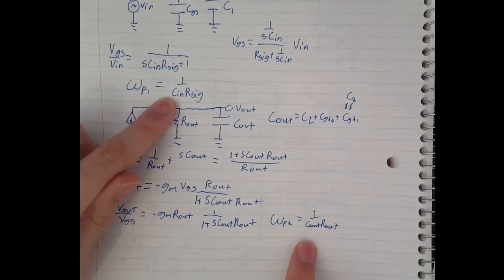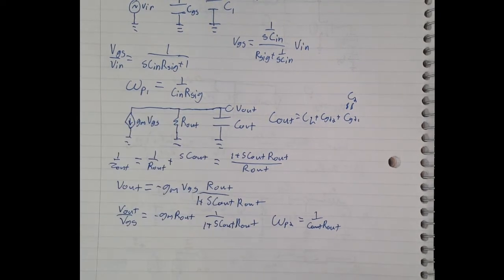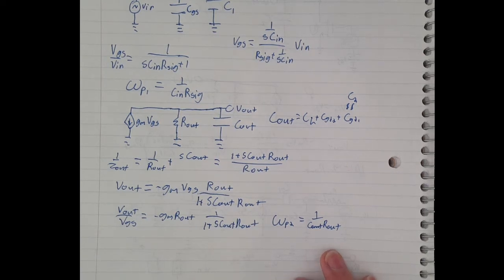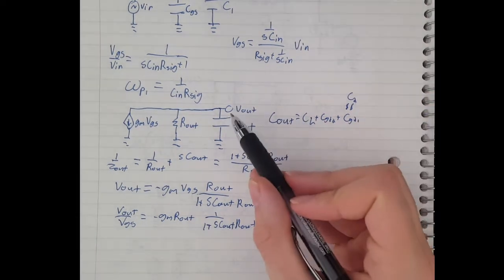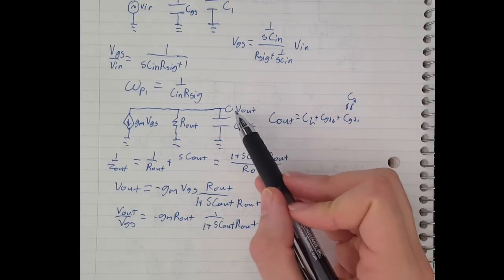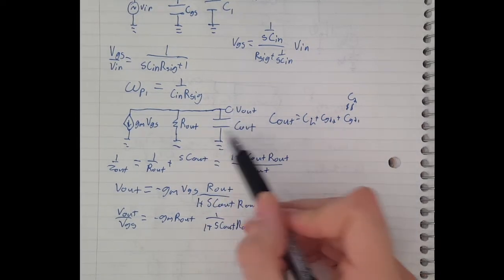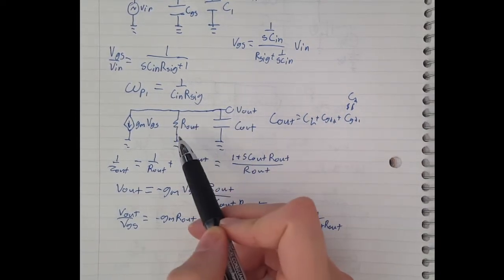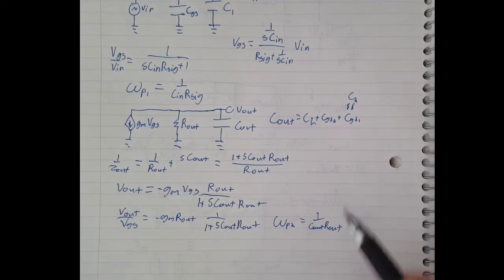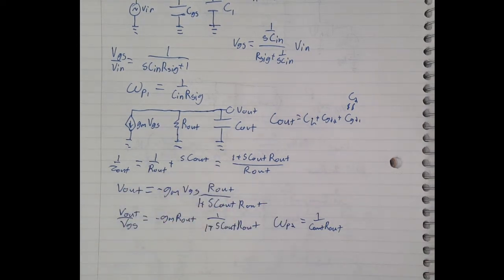So do you see the trend that's happening here? Essentially, the way to calculate the poles, an easy way without actually doing out all the work, is to look at your input nodes and your output nodes and sum up all the capacitance and sum up all the resistance, and 1 over those two values multiplied is your pole.